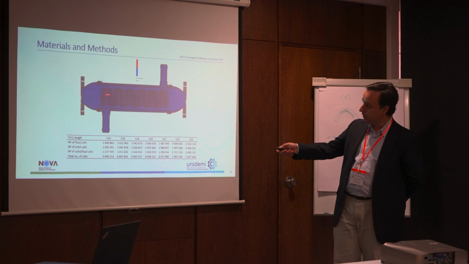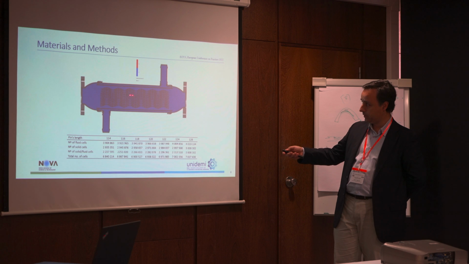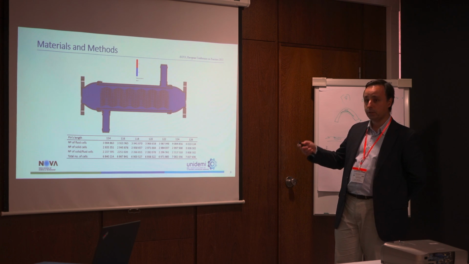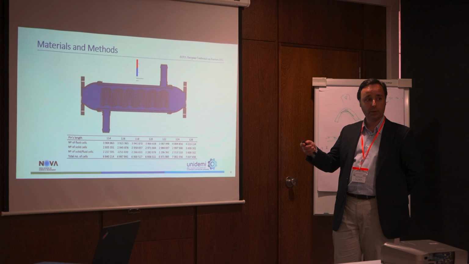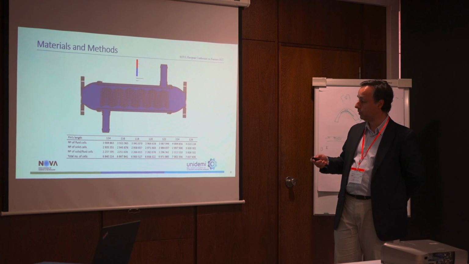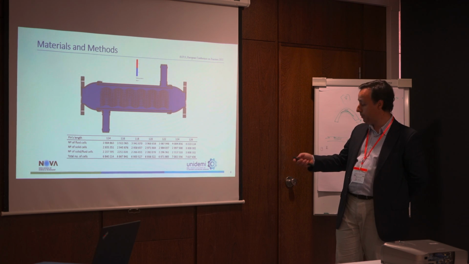Now you can see the fin geometry inside the EGR. It has this configuration. In gray you can see the solid, and in blue you can see the fluid that was defined, and we divided the domain into cells in order to carry out the computational fluid dynamics analysis.